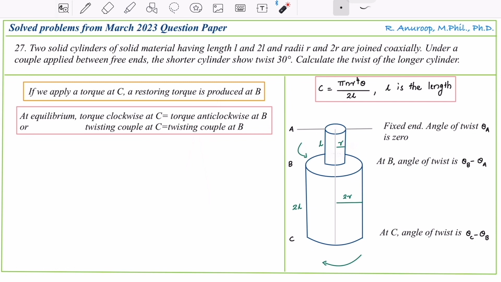In the present problem, two solid cylinders having length L and 2L are joined coaxially. We have to find out the twist of the longer cylinder. The twist of the shorter cylinder is given in the question.